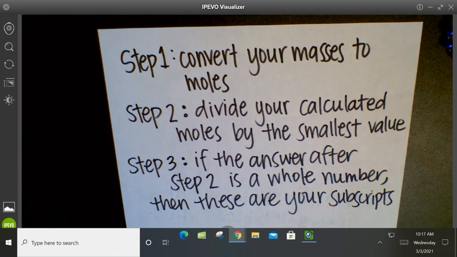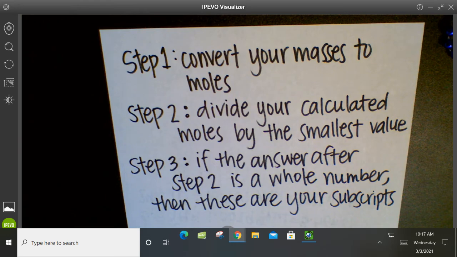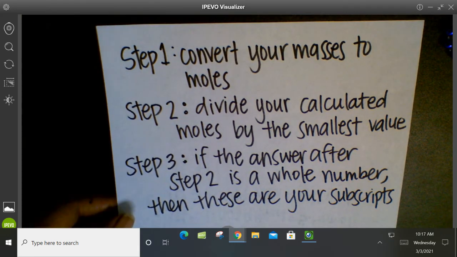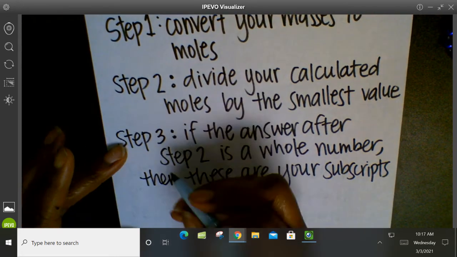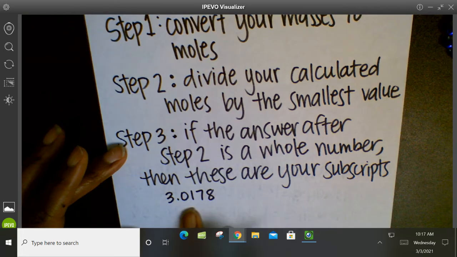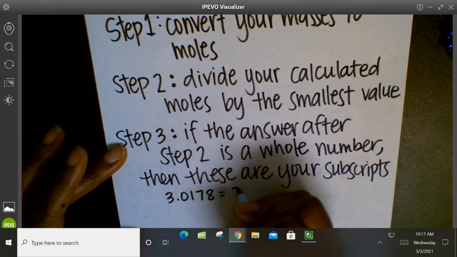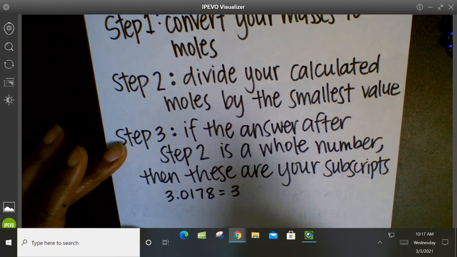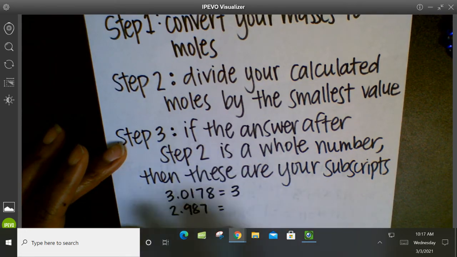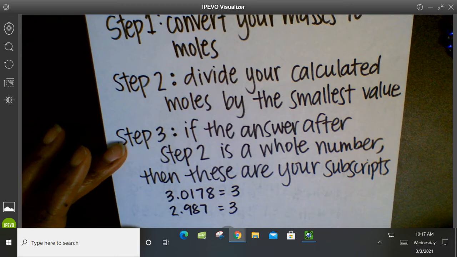Okay. Now you might be going like, well, how do I know it's a whole number? Because a lot of these things that we get when we do stuff in class, they're not whole numbers. All right, let's say you had 3.0178. That basically equals 3. Okay, that's a whole number. If you had 2.987, that rounds up to 3.